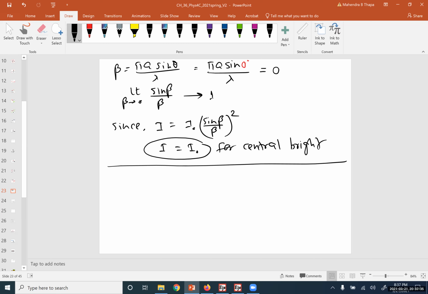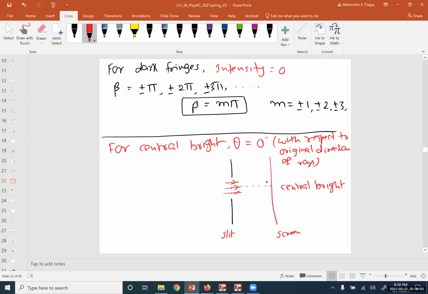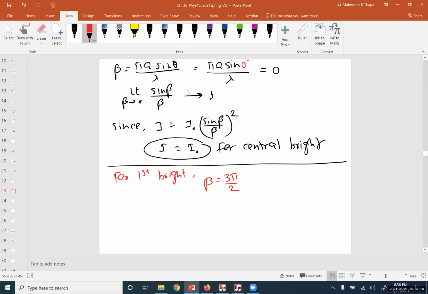So if we move further, we'll find that for the first bright, the value of beta is 3 pi over 2. So the question is how we can say 3 pi over 2. It comes from here. If you see the position of dark, plus pi gives the position of the first dark, and 2 pi will give the position of the second dark. You can see it here on the screen.